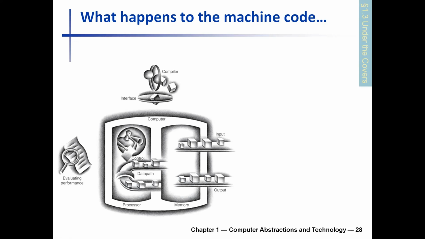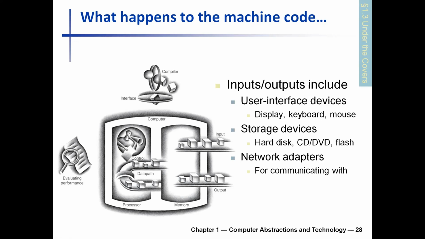And sometimes some of these results might need to be sent into secondary storage or network or whatever other place, right? So inputs and outputs can mean some simple things like, say, displays, keyboards, mice, whatnot. Or more importantly, it can mean things like secondary storage, like hard disks or CDs, flash, and whatnot, and network adapters, right?